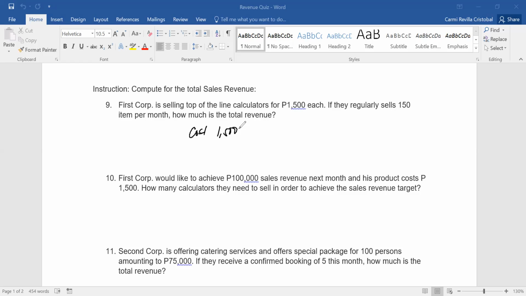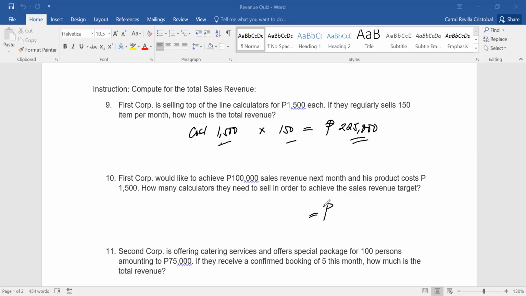And if they regularly sell 150 units per month, how much is the total revenue? The answer is, so we're gonna do 15 times 150 is 225. Yan.